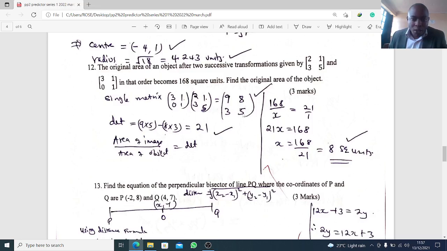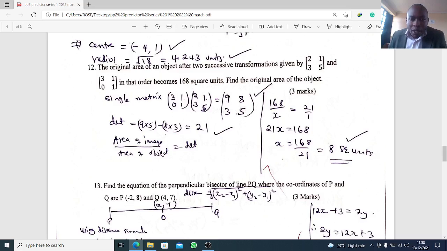You go to the lower side: 0 times 2 is 0, 0 plus 0 plus 3 gives you 3. Then 0 plus 5 gives you 5. So this is the single matrix.